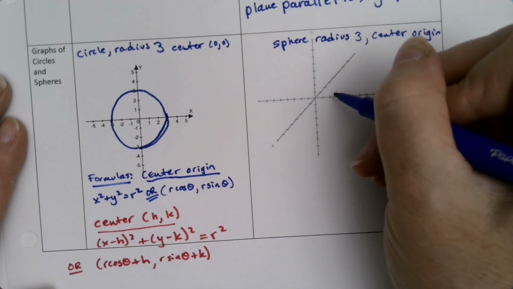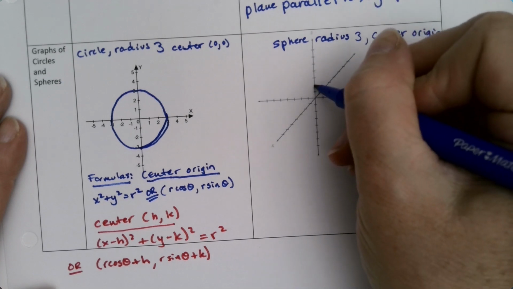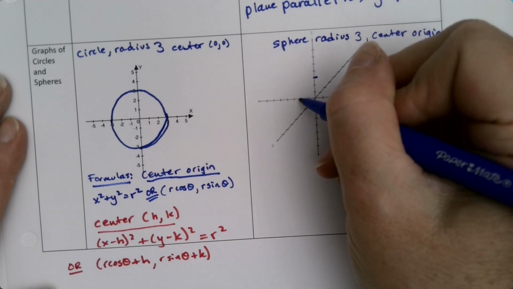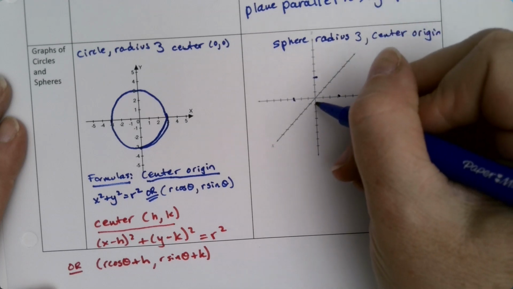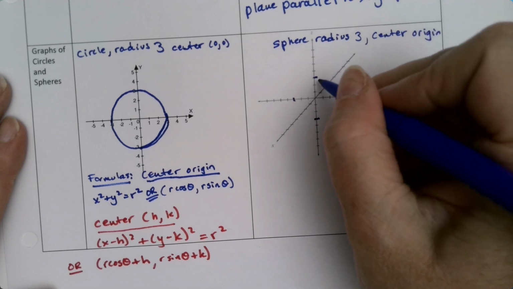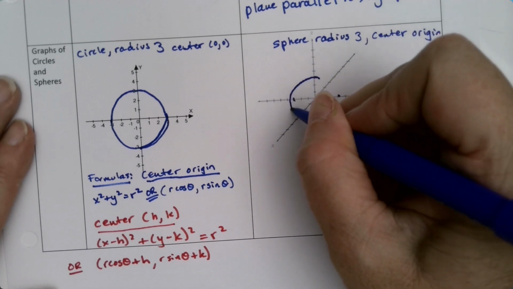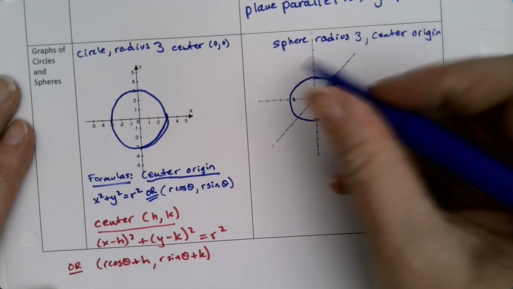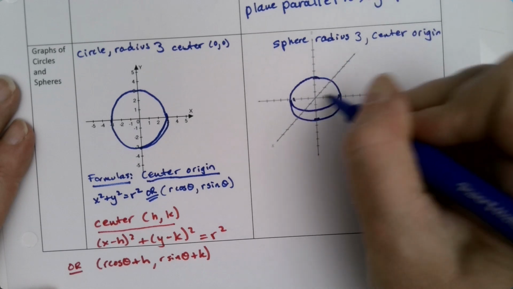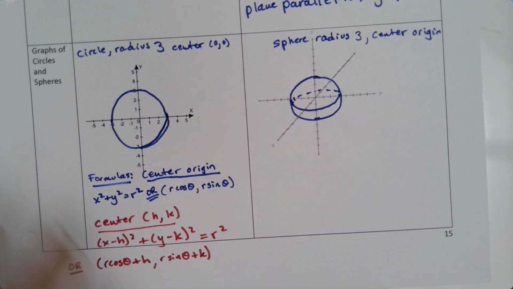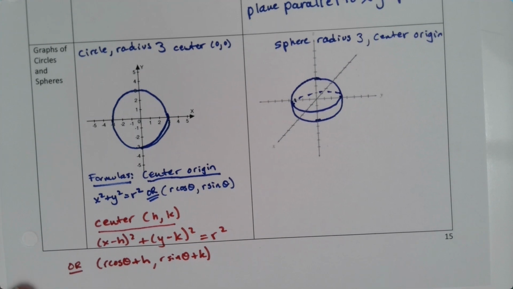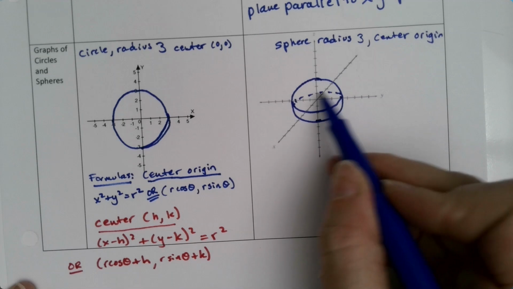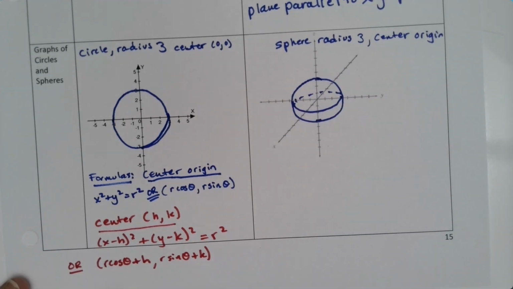You start with 1, 2, 3, 1, 2, 3, 1, 2, 3. So I kind of hit my axes here. And I worry about the YZ axis first, because that's kind of straight up and down. And then I give them a little tummy, a little belt. And there we go. Now I've drawn a sphere. I took a circle and I added this perspective to it, and that made it a sphere.